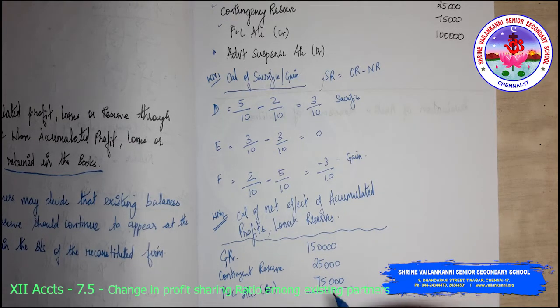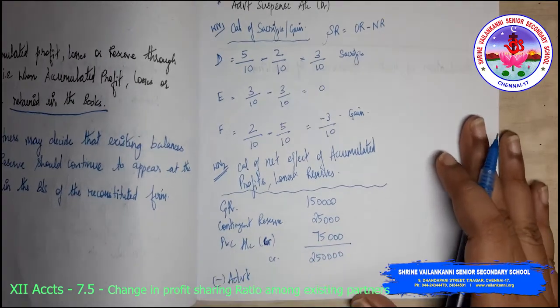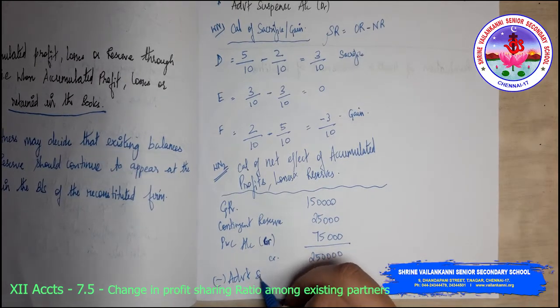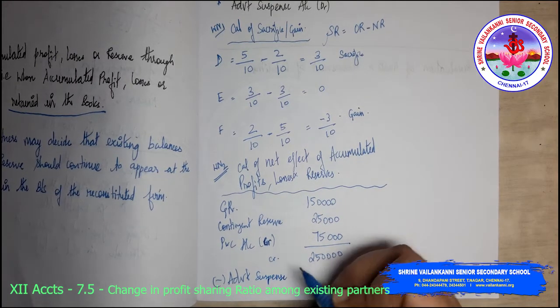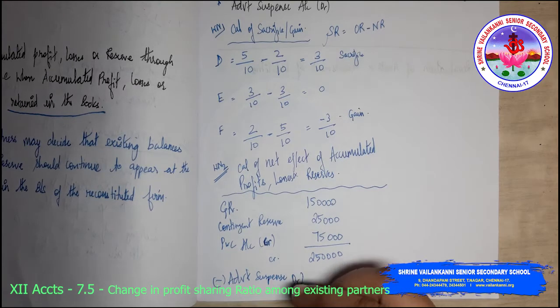Totally 2,50,000 is a credit balance, minus advertisement suspense, debit balance is 1,00,000.